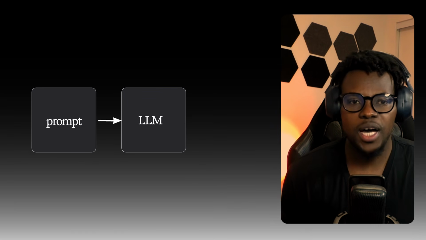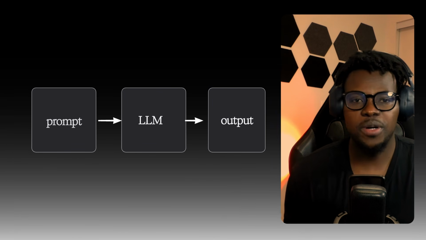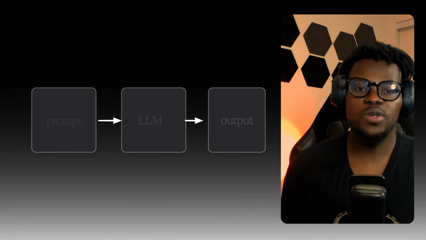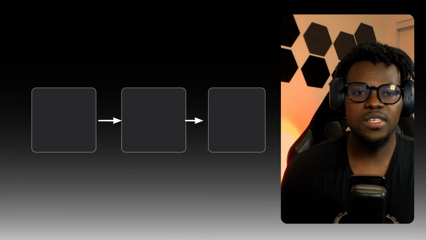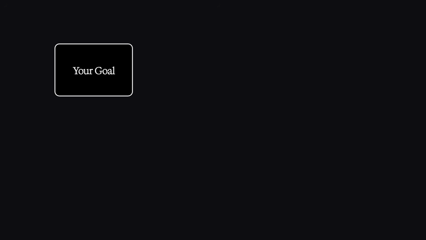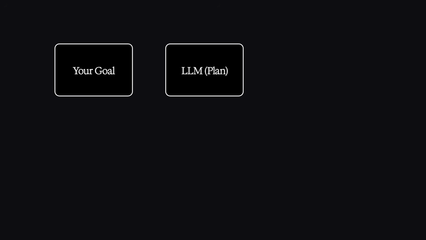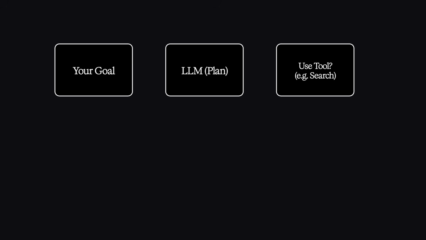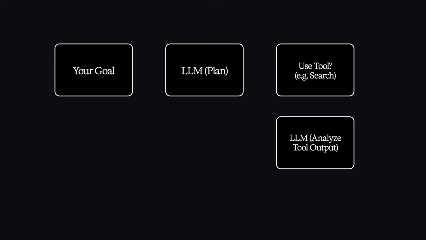Now let's visualize this. A non-agentic workflow is simple. It's prompt, LLM, output. You provide your prompt, the LLM processes it and gives you an output. Non-agentic, one and done. But an agentic workflow, it's a loop, it's a system. It's a more complex process. Here, you provide a goal. The LLM now decides if it wants to use a tool to process that goal, to write the essay, to plan, to search, and finally you get an output based off of the process.